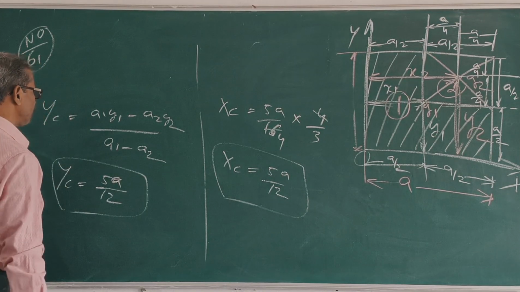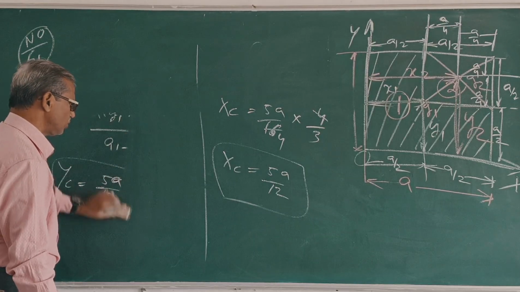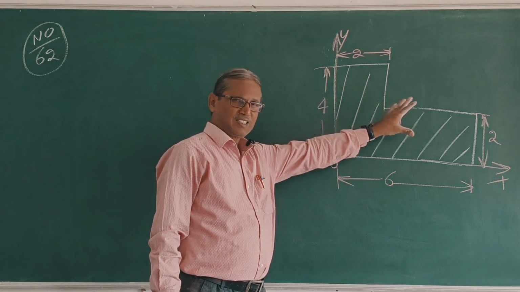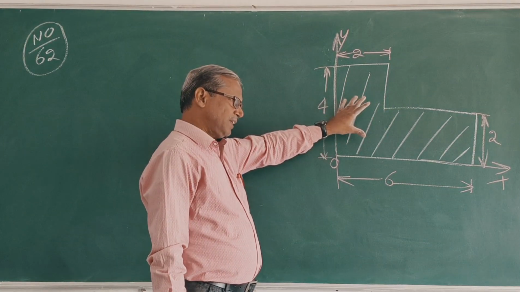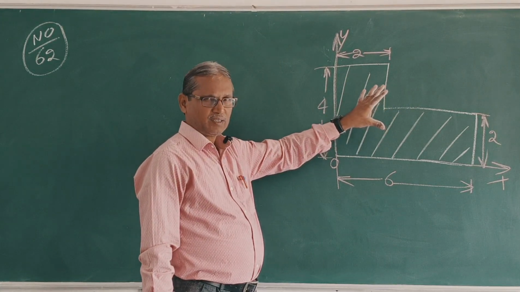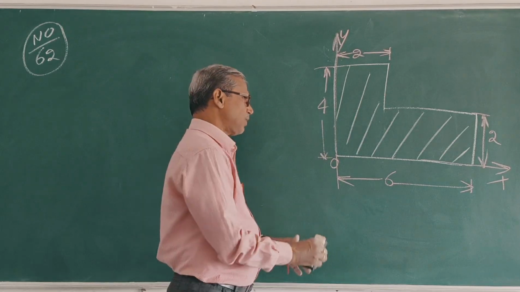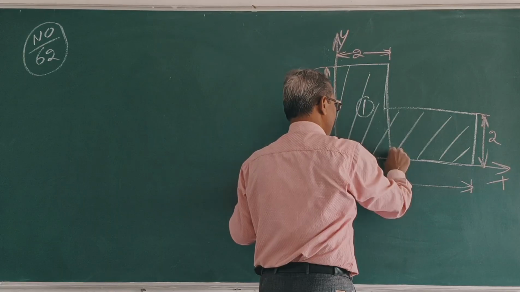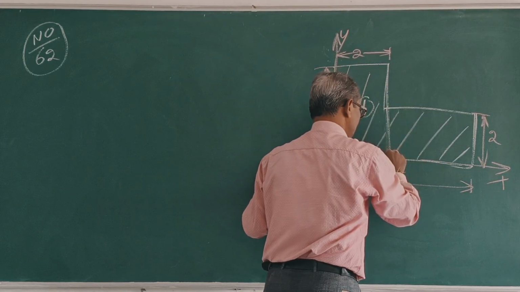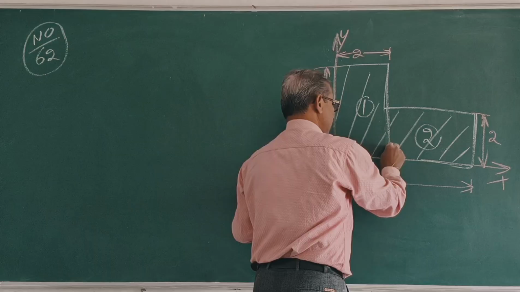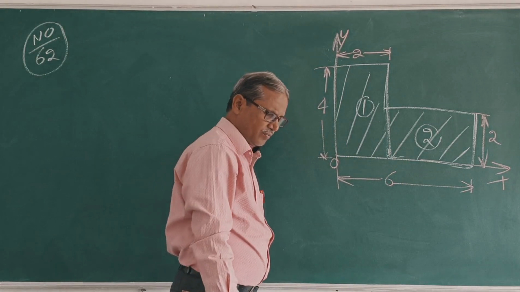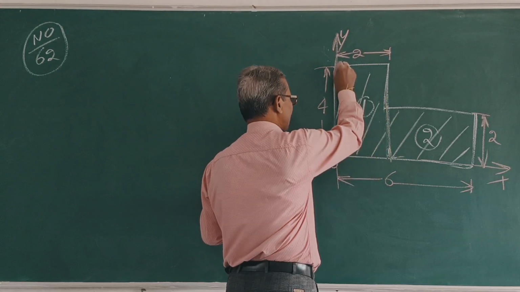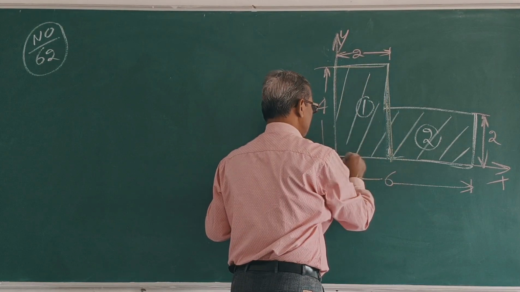Next question, number 62. This is question number 62. This is an L-section figure. Locate the centroid of this figure. Suppose we take this as 1, clear? This as 2. So the answer is 1 plus 2. For 1, this is 2.